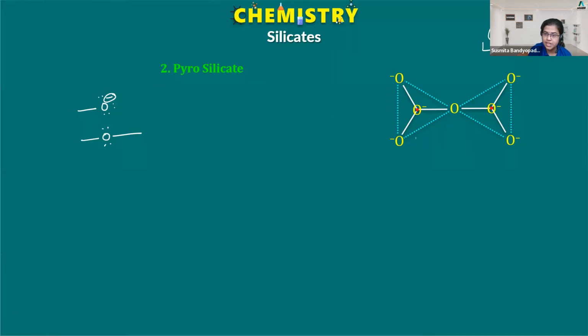First one is orthosilicate, SiO4 4 minus. Why am I repeating this? Because when I repeat, it gets registered in your minds while you're listening. Pyrosilicate, Si2O7 6 minus.